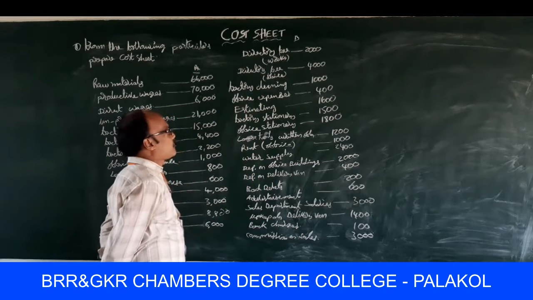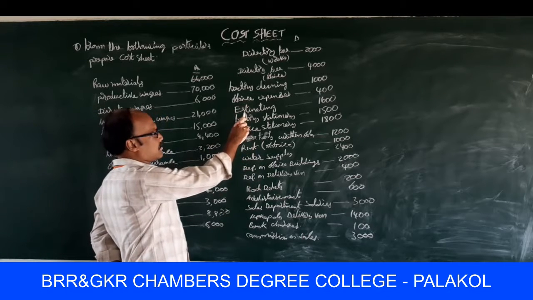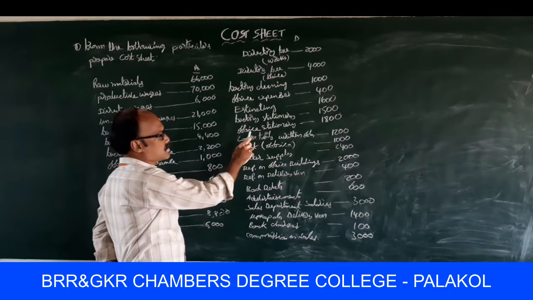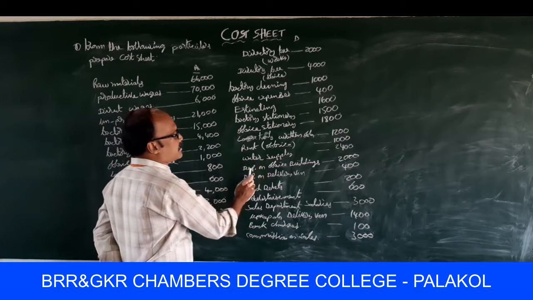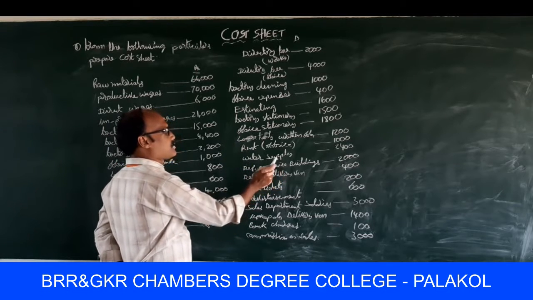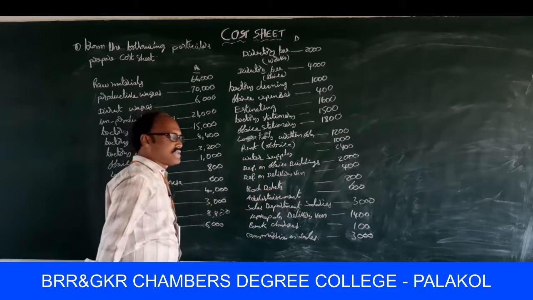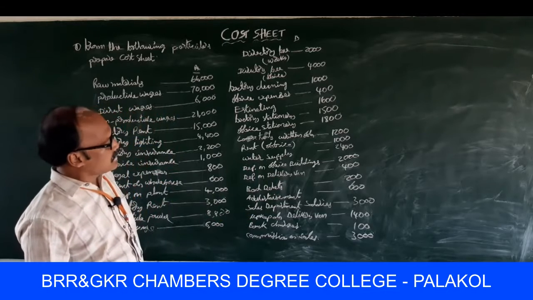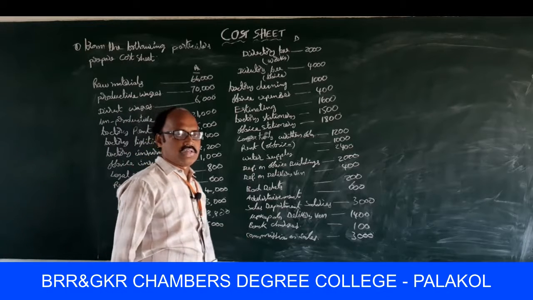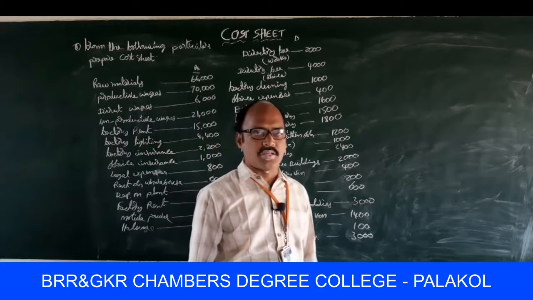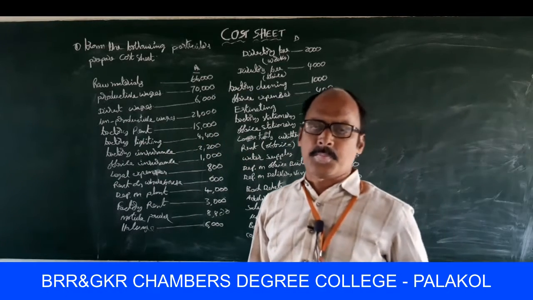Director's fees, office, factory cleaning, office expenses, estimating, factory stationery, office stationery, loose tool written off, rent for office, water supply, depreciation on office buildings, depreciation on delivery van, bad debts, advertisement, sales department salaries, upkeep of delivery van, bank charges, commission on sales. These are all the expenditures relating to X company. From that information, prepare cost sheet.